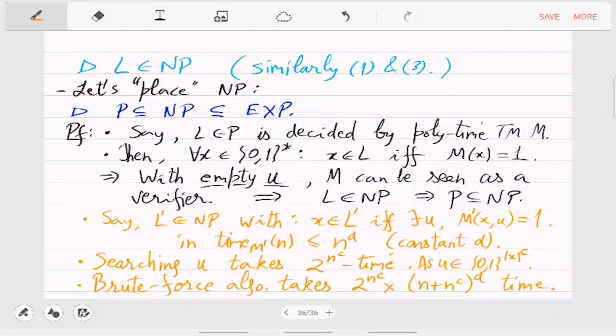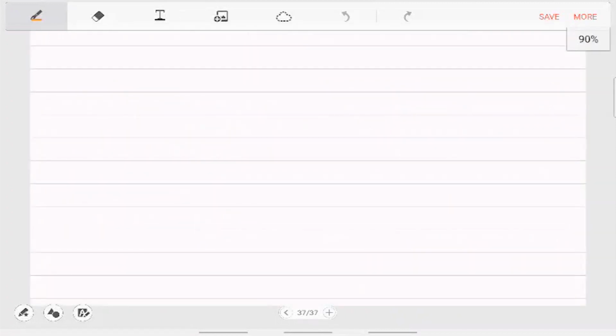So first the certificate blows up slightly, then when you run M prime on that, the input of M prime is x and the certificate of length n to the c, and in terms of the input size of M prime, time is raised to d.